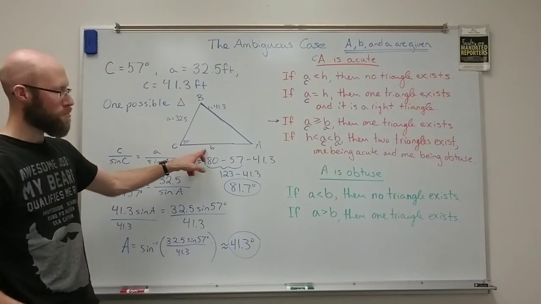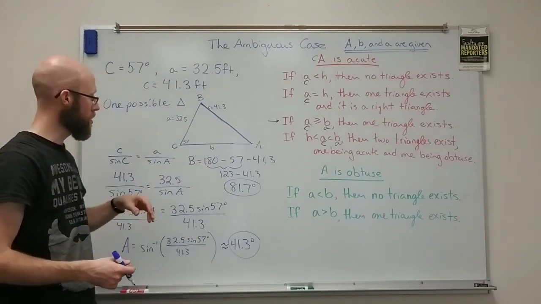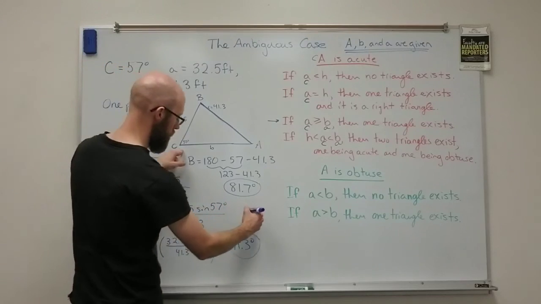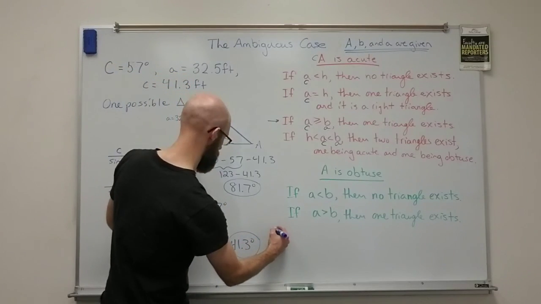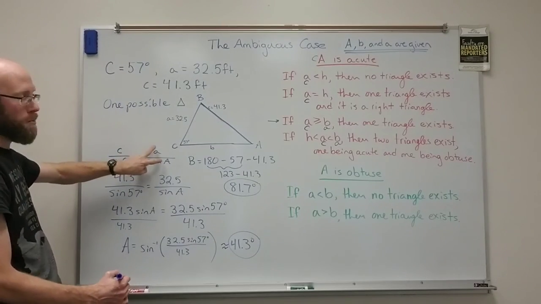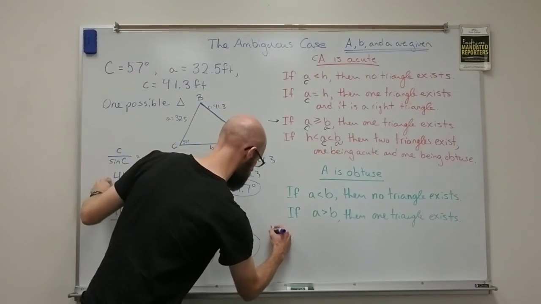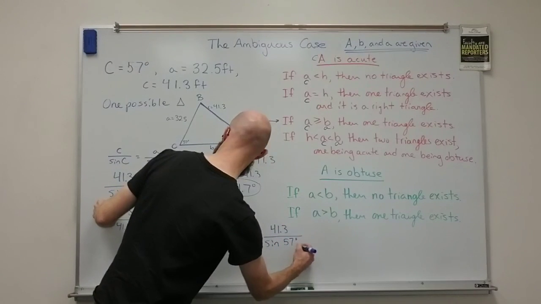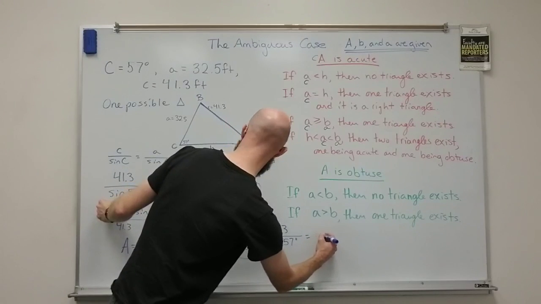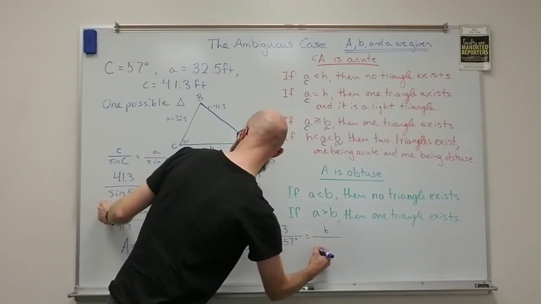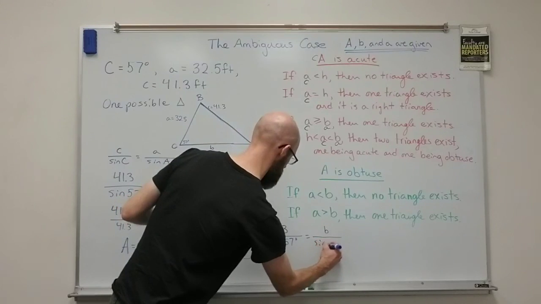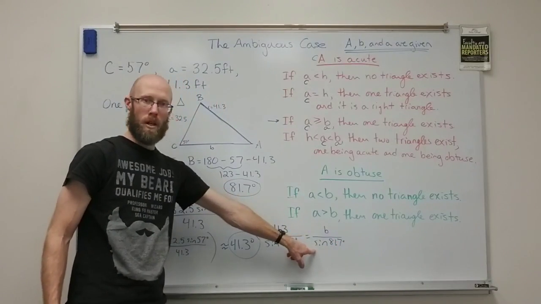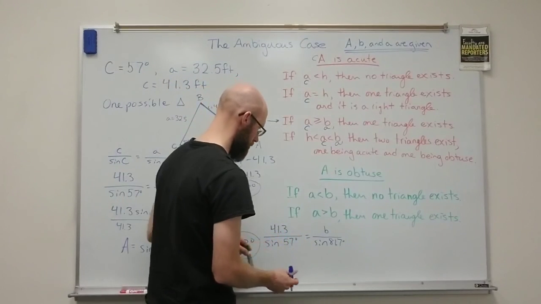And then finally, side B is found again using law of sines. I'm going to go back to the C's because that's the given information, less rounding involved. So it's going to be this formula, but with the B's on the other side. So I'm going to have 41.3 over sine of 57 equals small b over the sine of big B, which is 81.7. Solve for B, I just multiply both sides by the sine of 81.7.